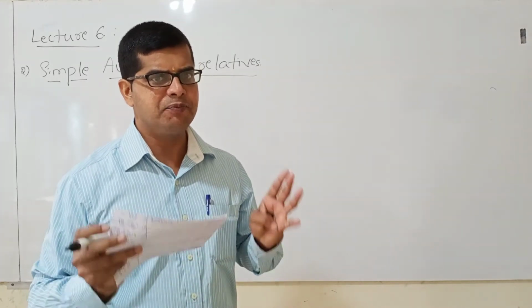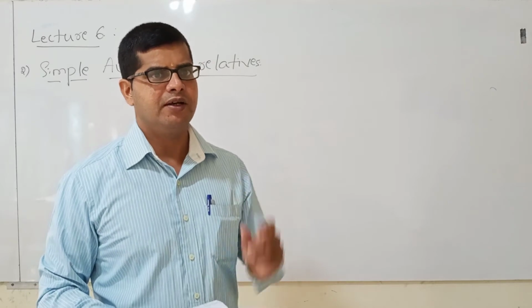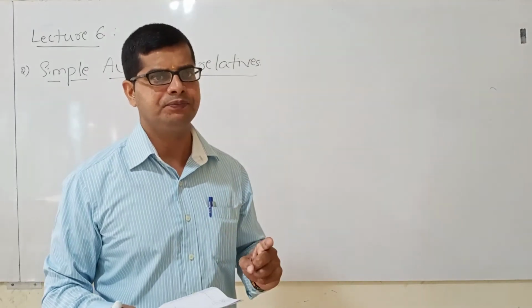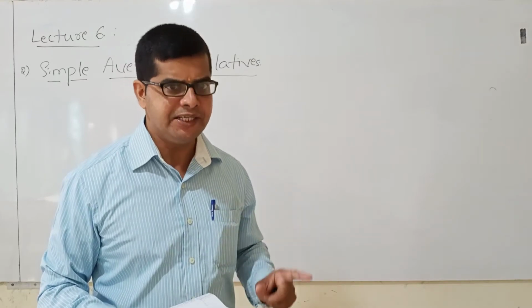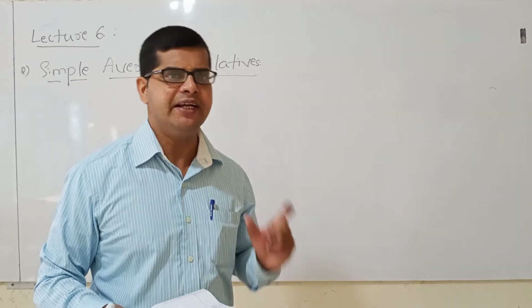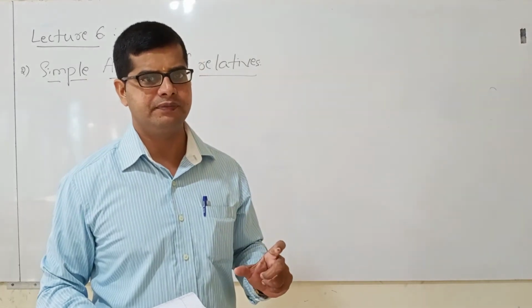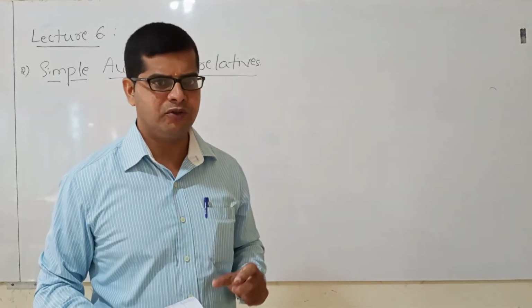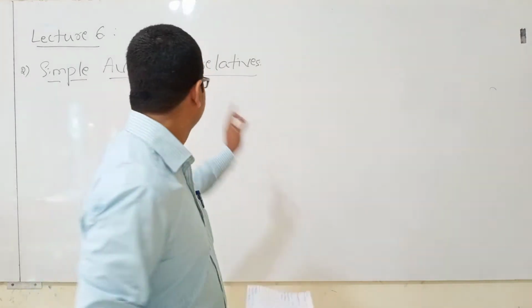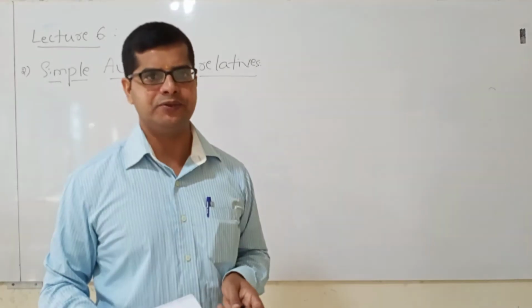Under unweighted price index numbers, again two different methods. First one, simple aggregative method, also called the unweighted aggregative method. On that we worked out two problems. Again in that heading, the second method is simple average of relatives.